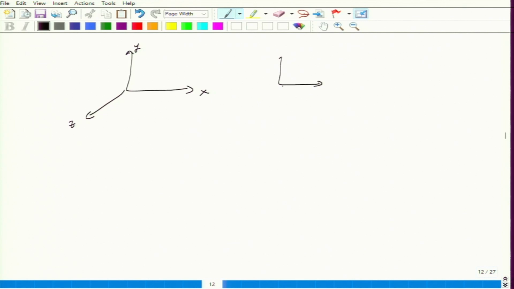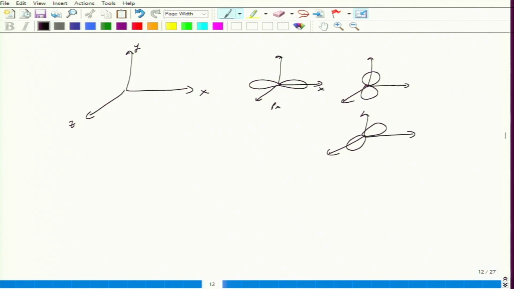This is a px orbital, with its symmetrical lobes. This is a py orbital, and this is a pz orbital. X, y, z: the px orbital, the py orbital and the pz orbital.